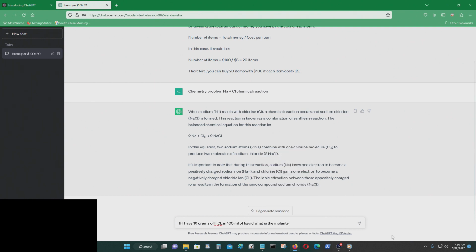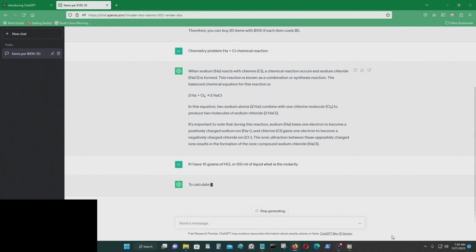If you have 10 grams of HCl in 100 milliliters of liquid, what is the molarity? Okay, fair enough. It has to find out what the atomic mass of HCl is. Let's see if it can do that. Give us the answer that we need.